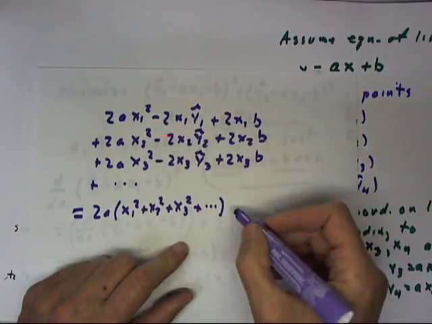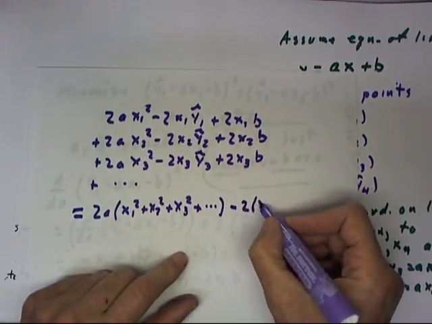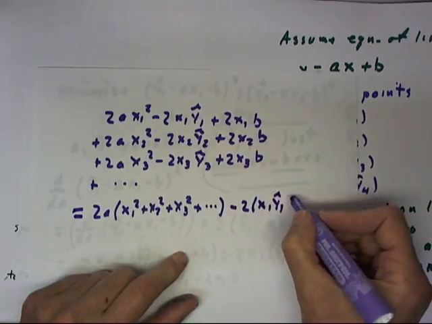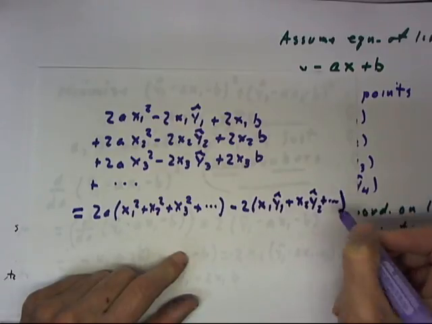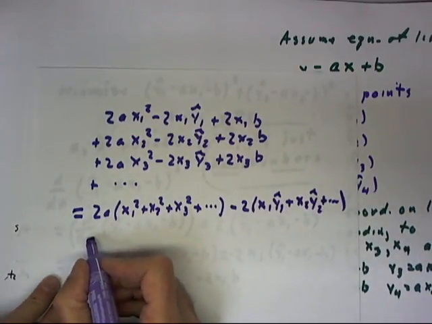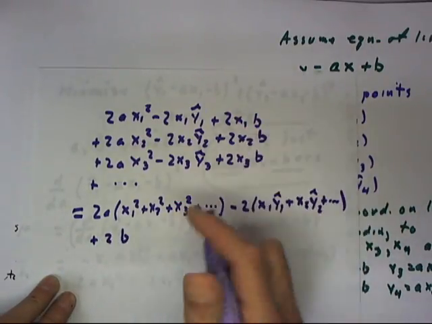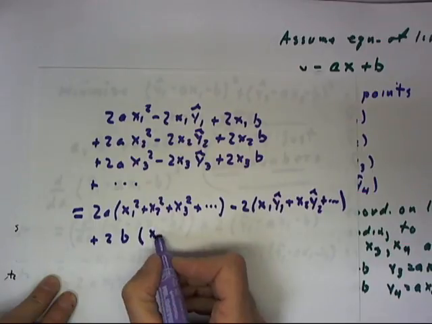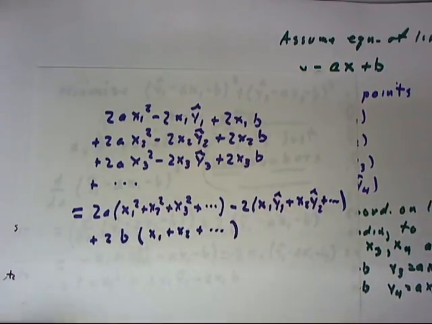So I then have minus 2 times x1 y1 hat plus x2 y2 hat plus and so forth. And it's clear what this term is going to be. And then I have plus 2b. The b can factor out of all these terms. And I just have x1 plus x2 plus and so forth.